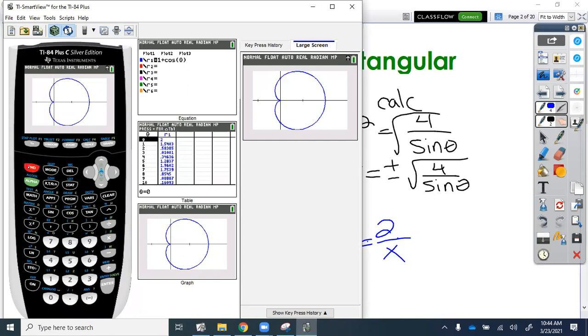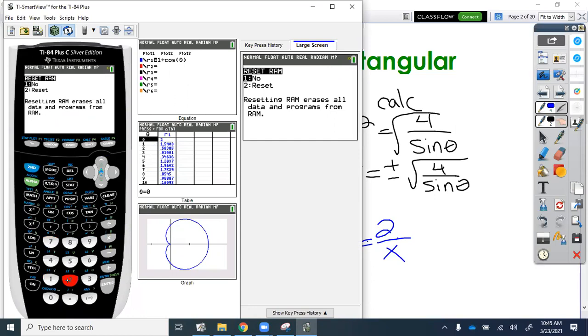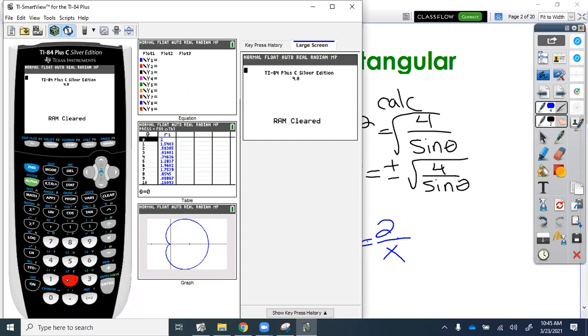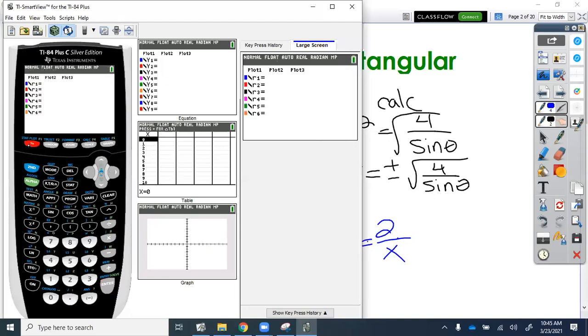If your calculator got back to normal mode, you're in y equals, make sure you hit mode, go down below radian and degree, keep it in radians, and change it to polar. Now we're going to see our y equals. Your calculator does not do a plus and a minus, so you have to do it as 2 separate equations. So we're going to do the positive version.